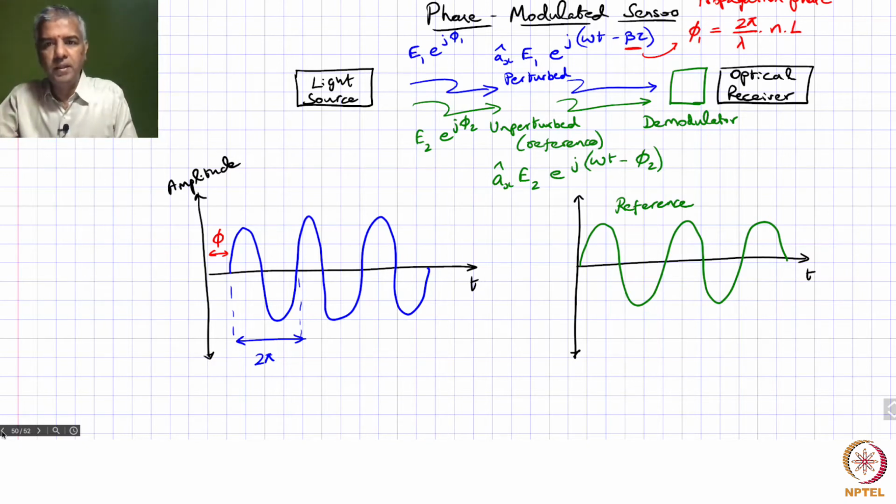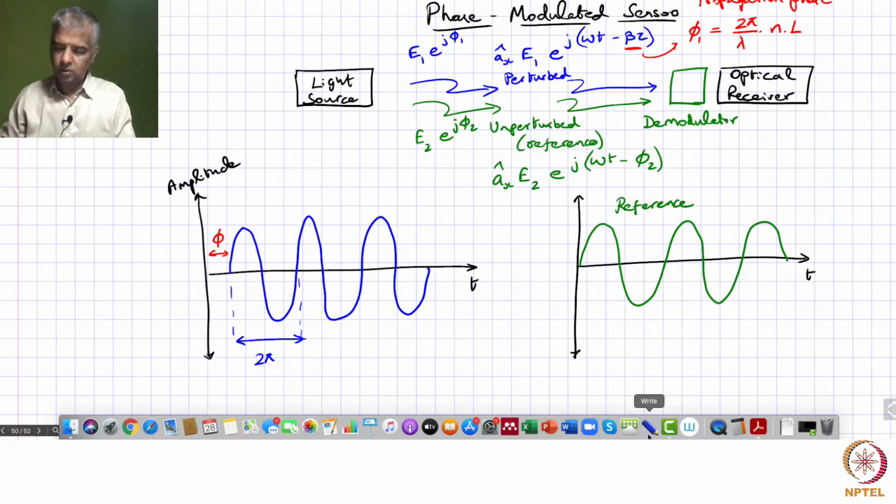And in this respect, we said a common apparatus that you use for picking up these phase changes is an interferometer, right? So we're going to move on today to go a little deeper into this.